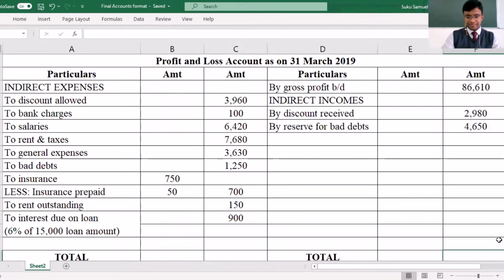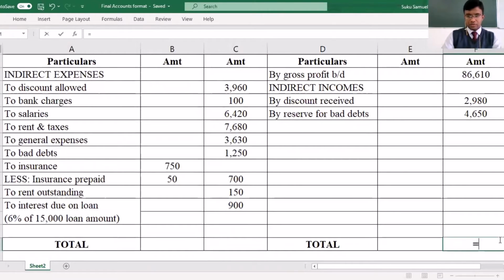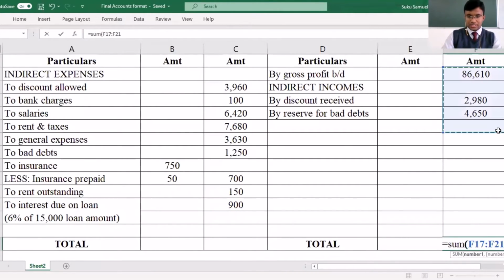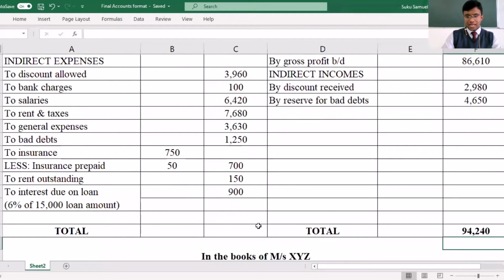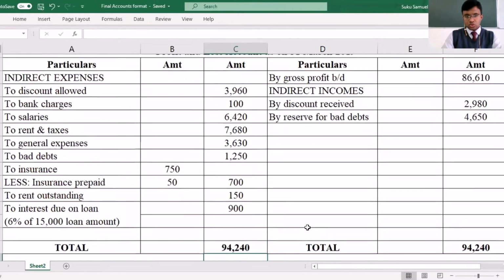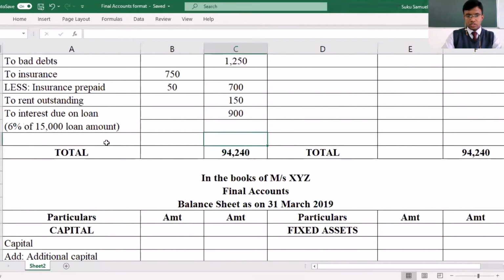We have to balance debit side with credit side, and that works out to be 94,240. Since your credit side is 94,240, it means debit side should also be 94,240. So here, since the balancing figure is falling on the debit side, it will be net profit.